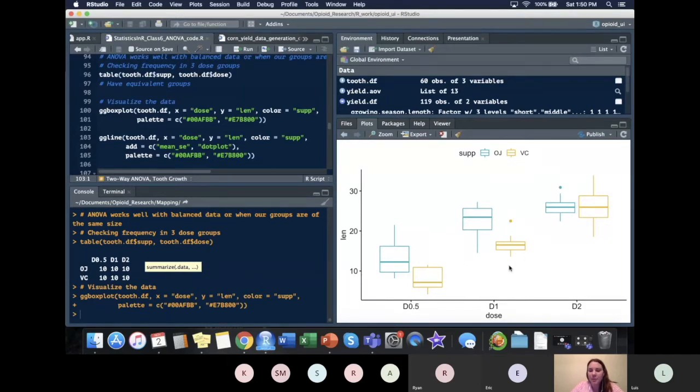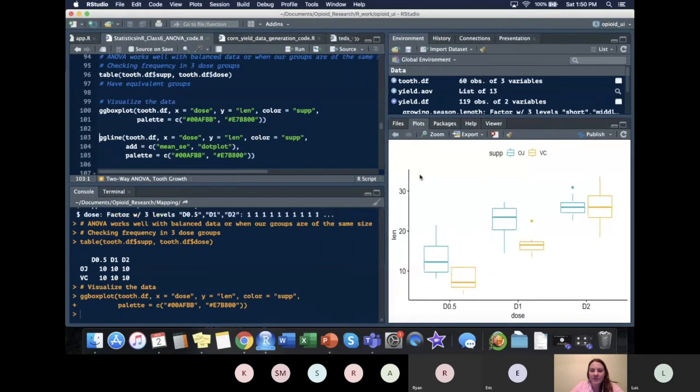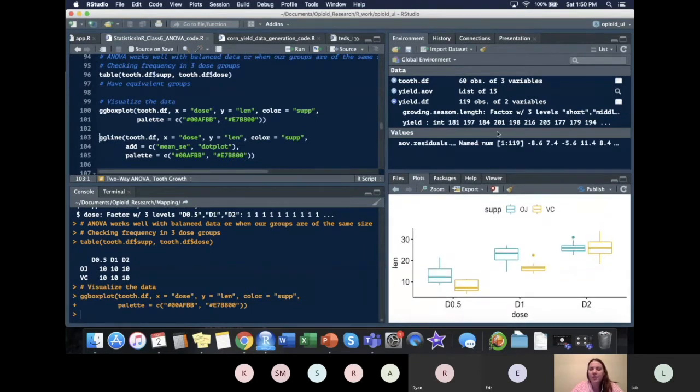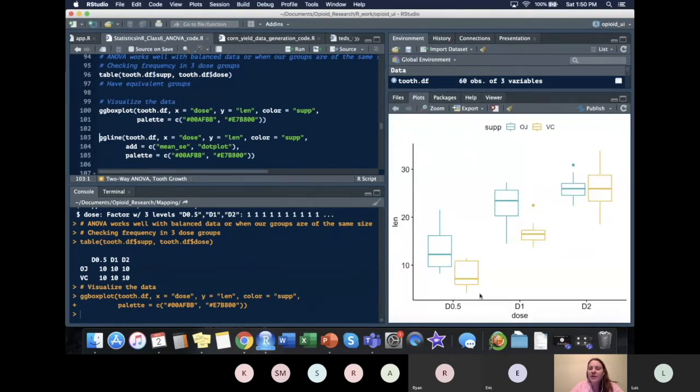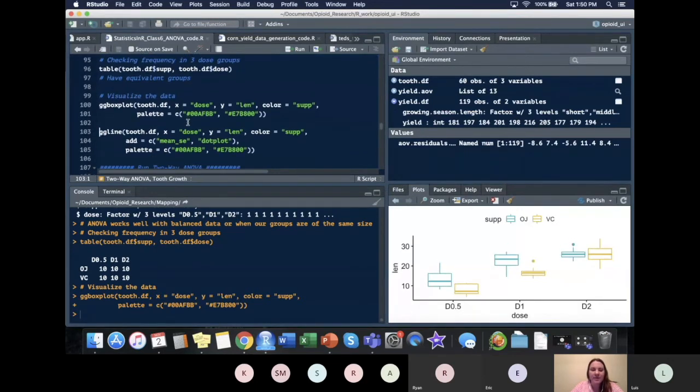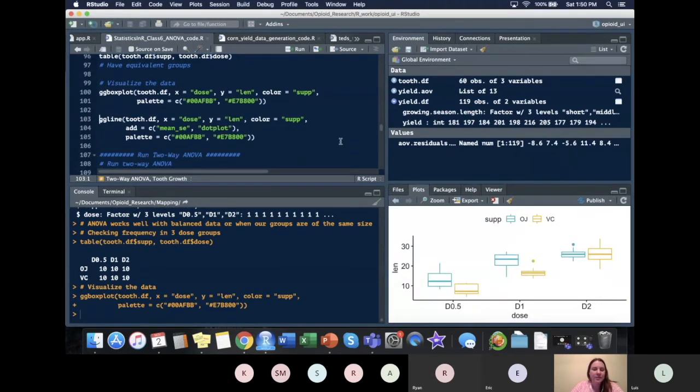They're pretty different from one another. So that's going to matter when we run our test, and it'll give us a good idea of whether our results make sense by coming back to look at that. Also, no very extreme outliers here. If I have a problem with normality, I can come back to that. But I don't think, given my domain knowledge, that there is going to be an outlier problem.